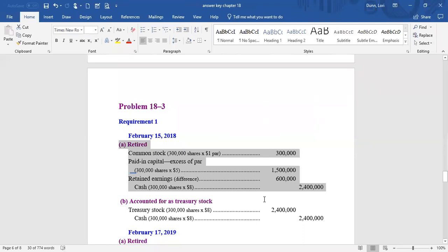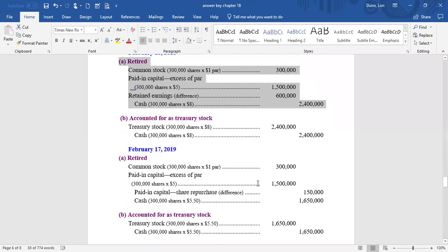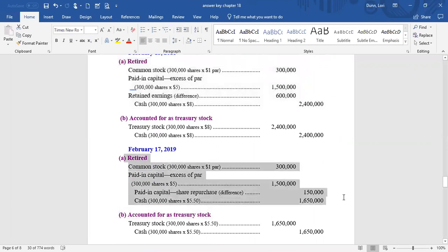So they've retired it. So we're going to stick with the retired journal entries. Then we'll look at the treasury. February 17th, they reacquired 300,000 shares at $5.50 per share. So on February 17th, again, they're going to credit cash for $5.50 times 300,000 shares, $1,650,000.